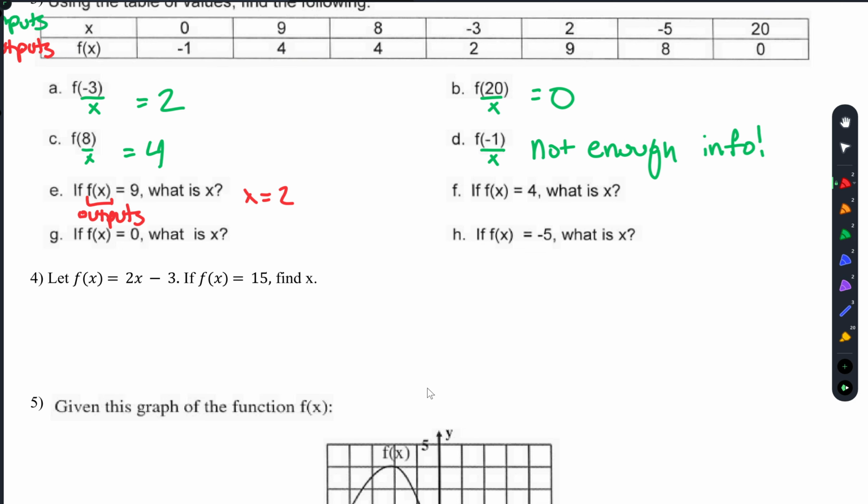If I look here, the output is 4. Hey, there are 2 places where my output is 4. So there are 2 possible inputs, 8 or 9, and you can write them both down. When f of x is 0, that output is 0. My input was 20.